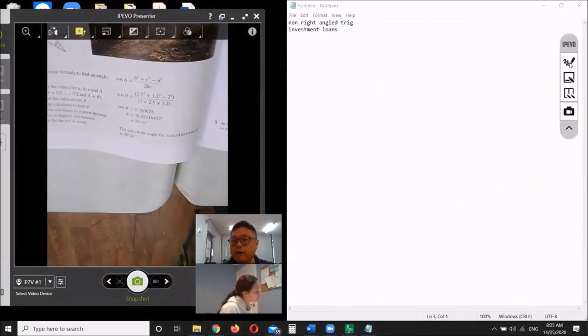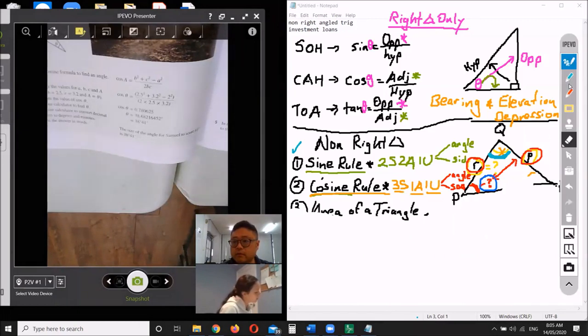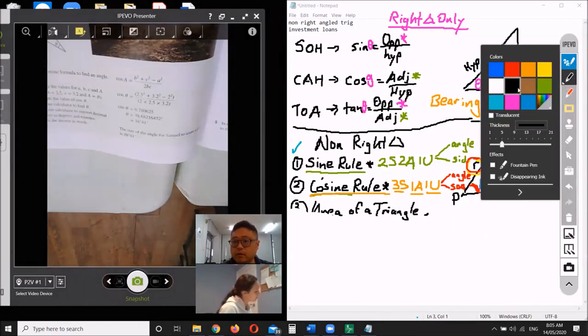Okay, and for the area of a triangle, it's just half times something. The normal area of a triangle is half base times height.